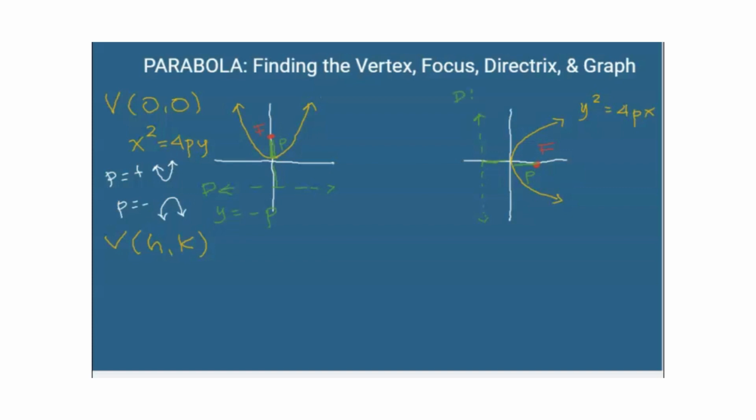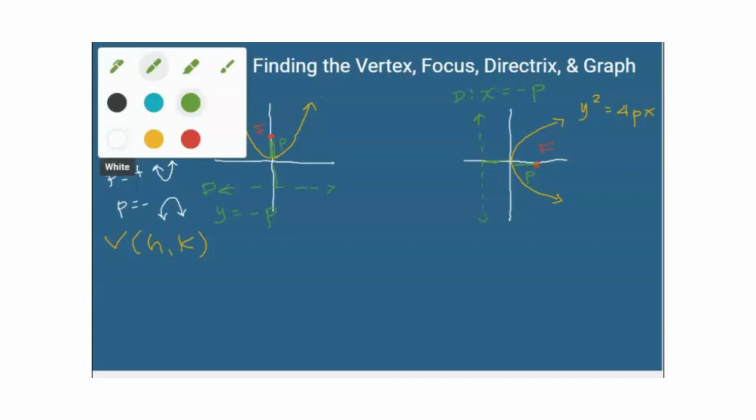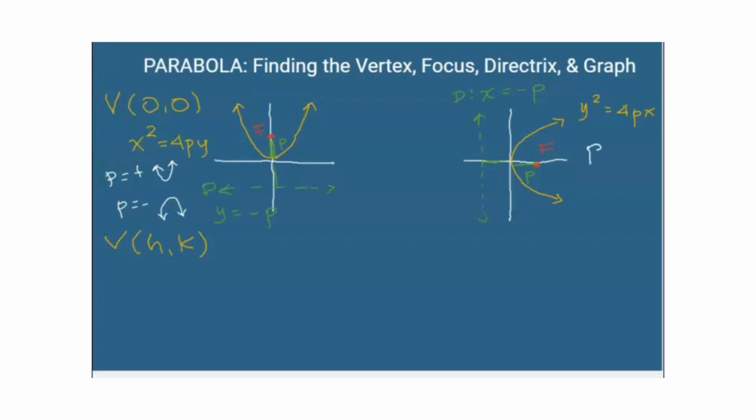And the equation of our directrix would be x is equal to negative p. So when p is positive, the parabola opens to the right. And when p is negative, the parabola opens to the left.